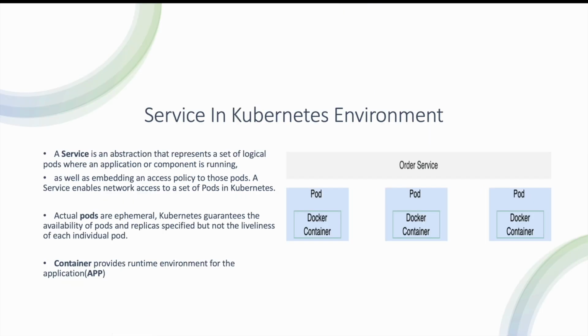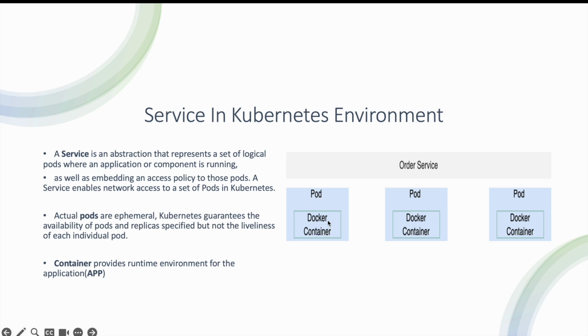Now let's see how the service in the Kubernetes environment looks. As I said, the service is an abstraction. It's a logical entity, right? So what you see here is the order service as an abstraction, and it can have multiple pods, which can be running the Docker container of the order service itself.